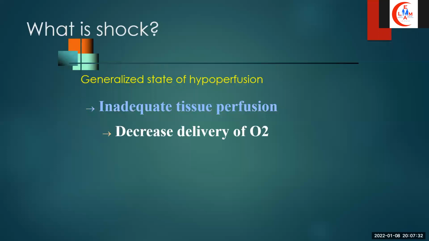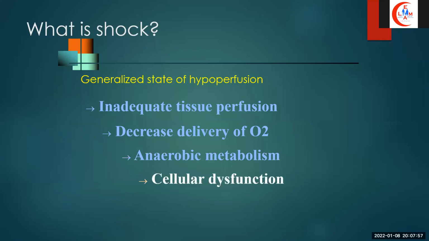So there is decreased delivery of oxygen, and if there is decreased oxygen to the cells, especially the vital organs, which are the brain, the heart and the kidneys, the cells will go into anaerobic metabolism. It will produce lactic acid, and this results in lactic acidosis and metabolic acidosis.